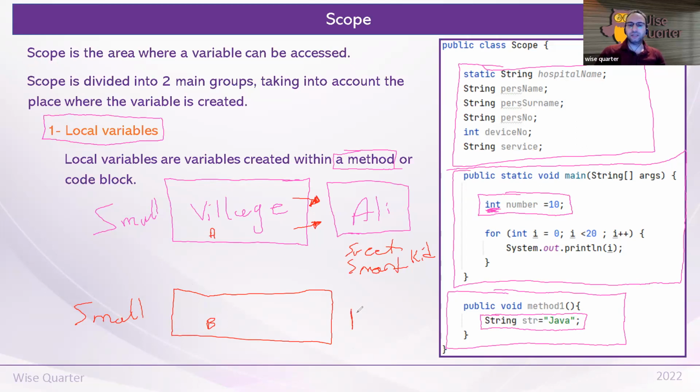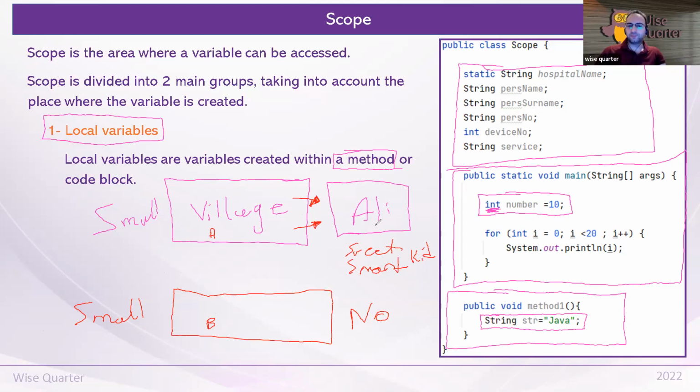Then the answer will be no. This other village cannot reach Ali's information. It's like this. Ali is a local child living in this village, and the other village's people do not know anything about the smart kid named Ali.